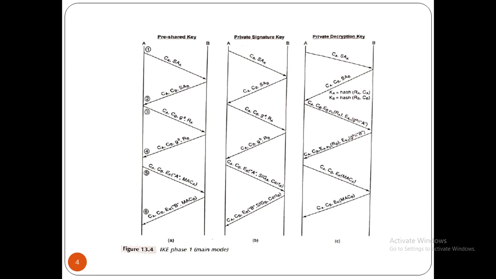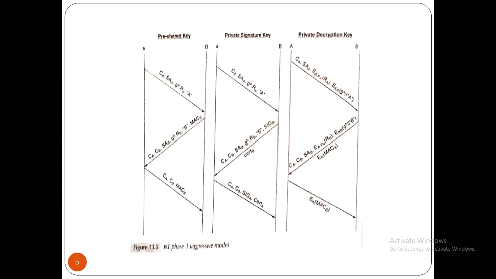Now, in the aggressive mode, instead of six messages we are using only an exchange of three messages. The one major difference in the aggressive mode is that there is more chance that you are not hiding information.